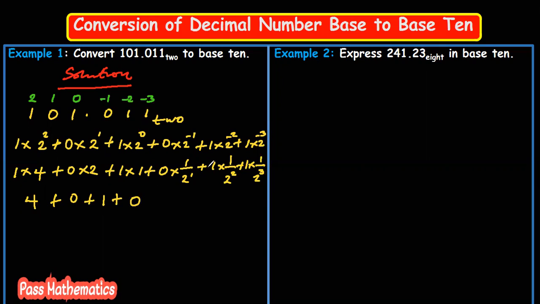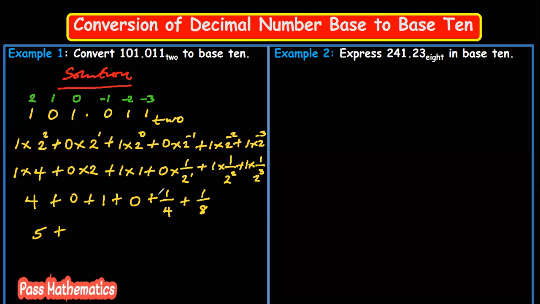And then we have plus 1 times 1, so this is going to be 1 over 4 plus 1 over 8. And then the whole part, 4 plus 0 is 4, plus 1 is 5, and then plus this. So we see our 5 here, plus this now.